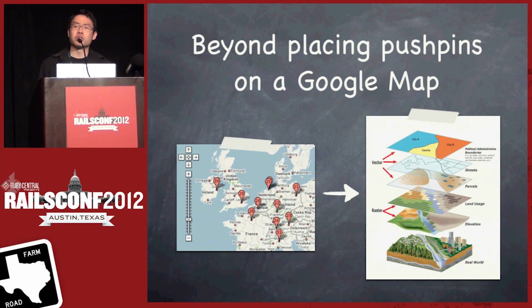There are many layers to how location really impacts people's lives and how location is part of the way that people use your application. And so when you start really digging deep, you realize that it can actually start getting challenging. There are a lot of concepts that you have to understand: coordinate systems, projections, vector versus raster data, lots of statistics, computational geometry.